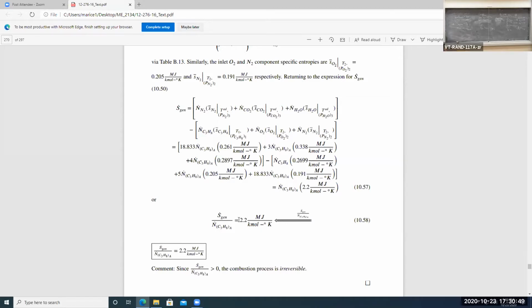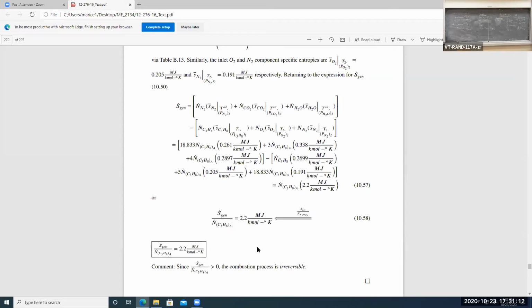Notice that this is positive, so this reaction is irreversible and will occur in nature. So the reaction we've been talking about results in entropy generation of 2.2 megajoules per kilomole of flow per degree Kelvin. So this is an irreversible or spontaneous process and will occur in nature.